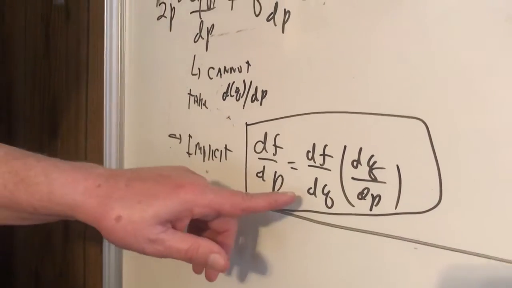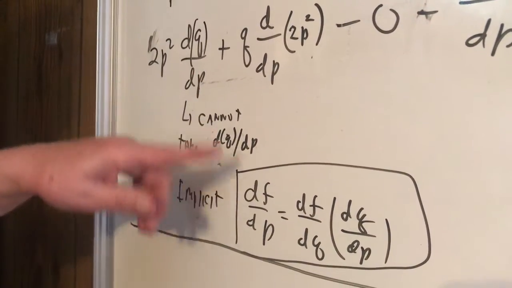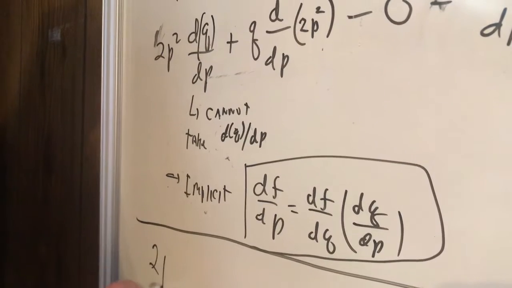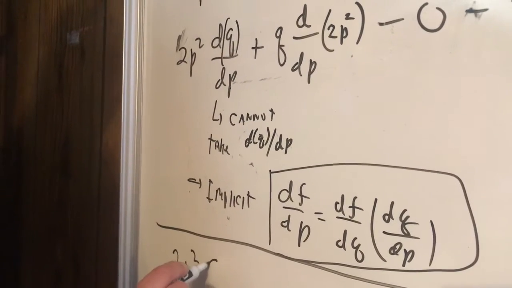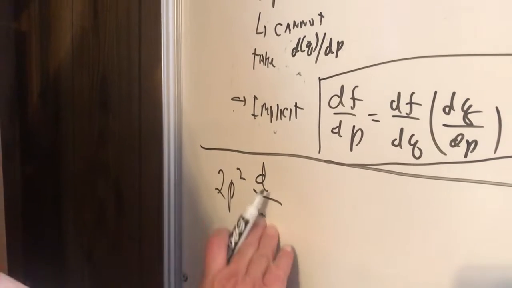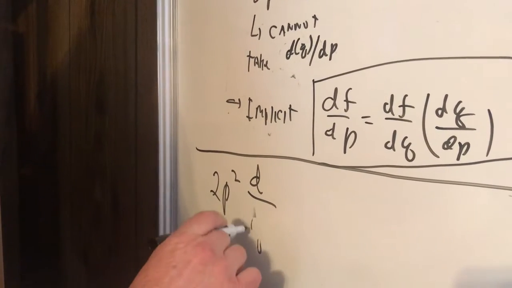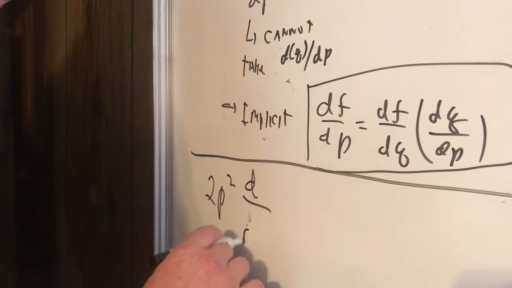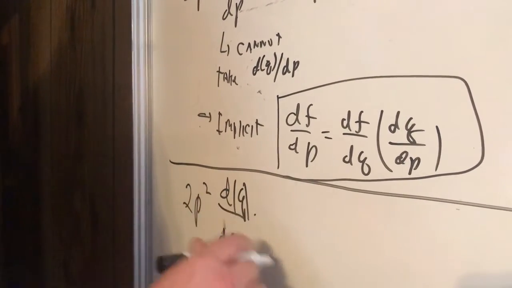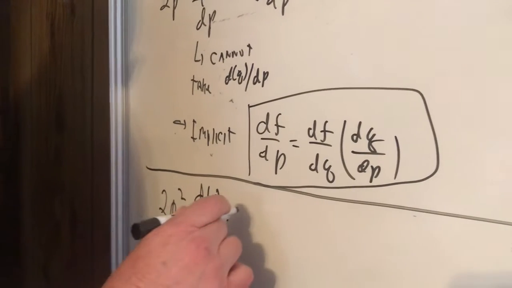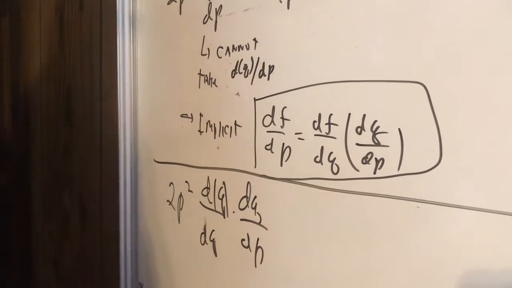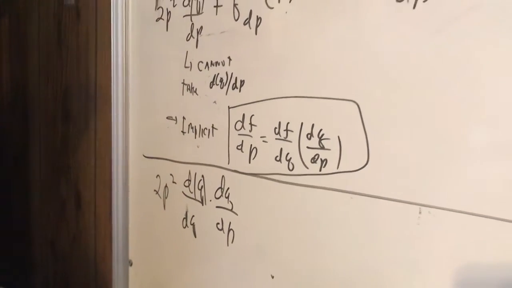So we're going to use this and get something like this for the first term: 2p squared, I'm going to take the derivative with respect to q, which we can do, and that's of q. And then tack on the appendage dq/dp.